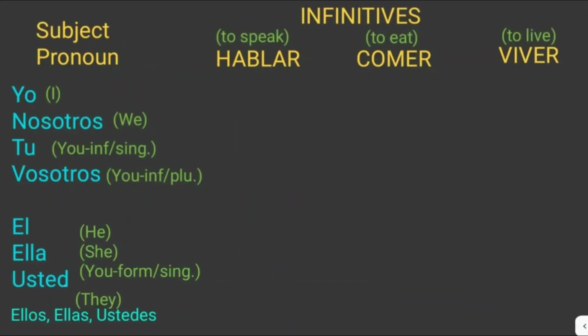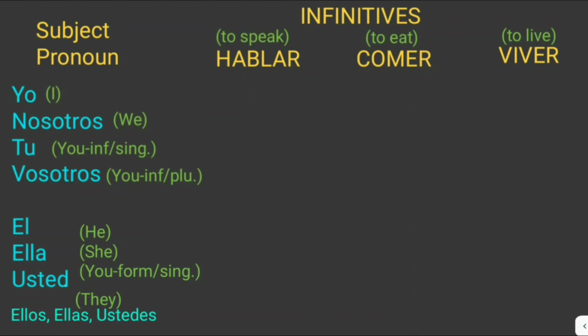Now we have here the subject pronouns and some examples of the infinitive verbs in Spanish. So we have I, yo; we, nosotros; you, tú, if it's singular and informal; and vosotros, if it's you, informal, in plural form.